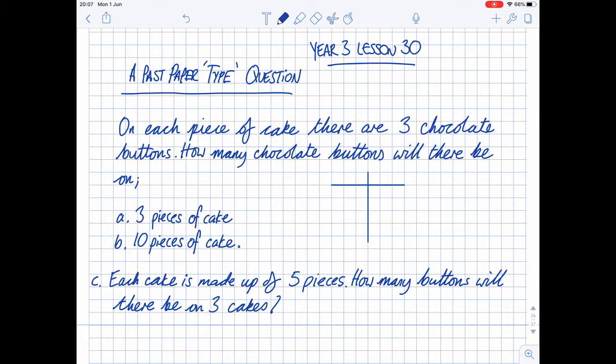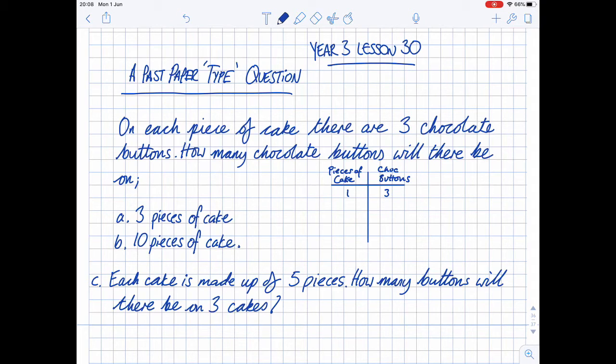So again, say we had on this side, pieces of cake. And on this side, we had chocolate buttons, yeah? And if I needed to, I could complete the table. So if I had 1 piece of cake, how many buttons will I have? I'll have 3, won't I?